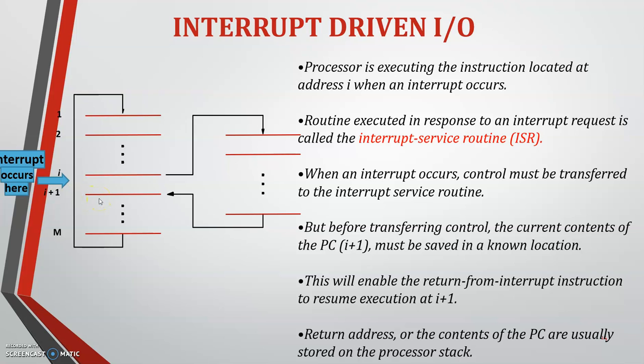Usually we save it to the stack. The return address, or the content of the PC, is usually stored on the processor stack. After completing this set of instructions, that is the ISR, the processor will pop from the stack to the program counter and come back to this instruction.